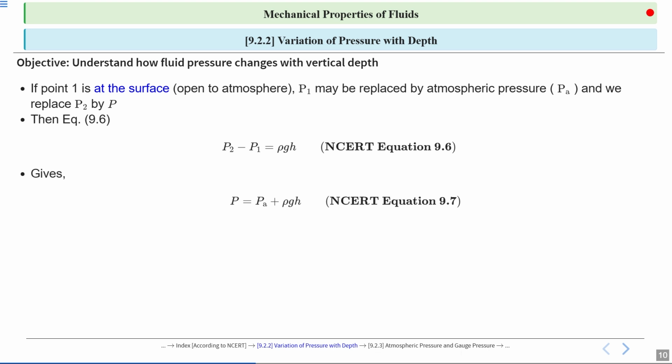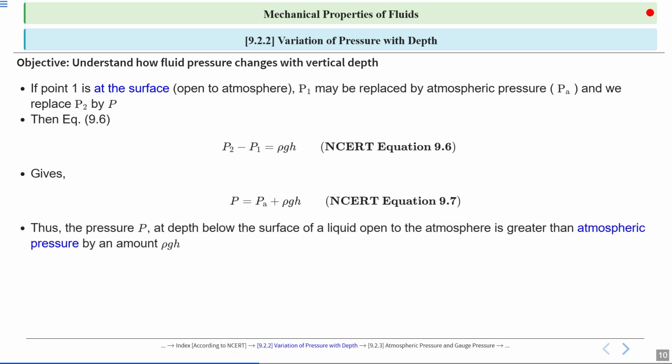So using the equation, we can derive that the pressure at a certain depth, P, is equal to the atmospheric pressure plus rho g h. Thus, the pressure at a depth below the surface of a liquid open to the atmosphere is greater than the atmospheric pressure by an amount rho g h.